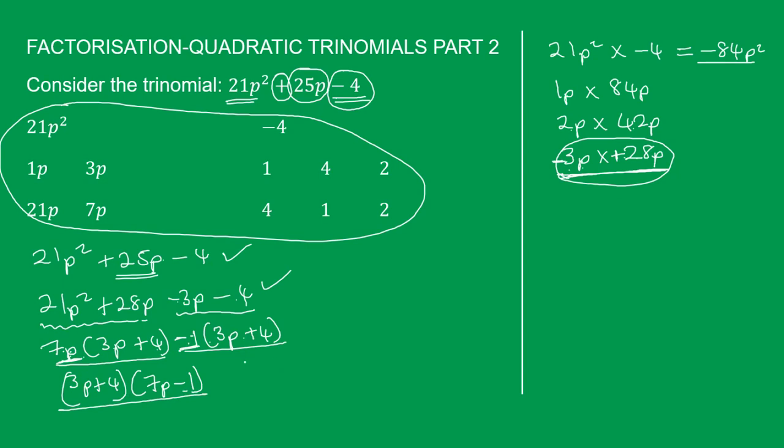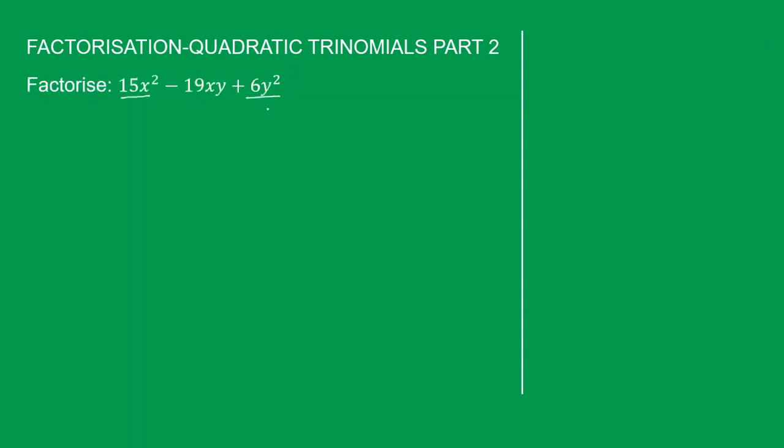Okay, let's do examples. We have 15x squared and 6y squared. So let's write 15x squared and then 6y squared. And then the factors for 15x squared can be 3x and 5x. Then can be 1x and 15x.